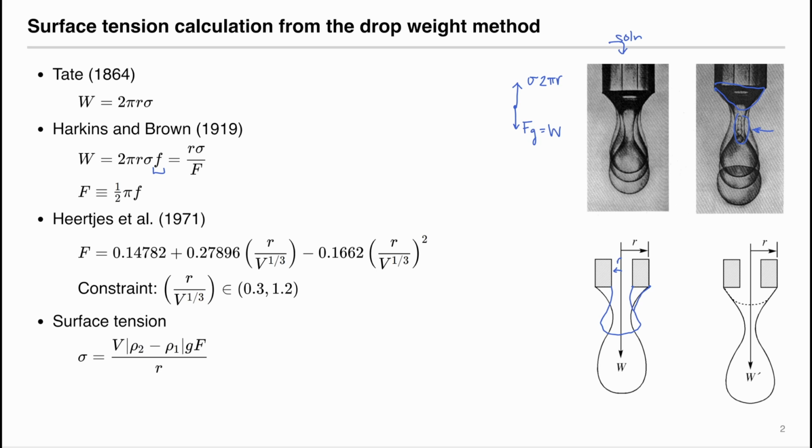Or to write it more elegantly, we can define a big F which lumps all the constants together, and we get W equal to r times the surface tension sigma divided by big F.